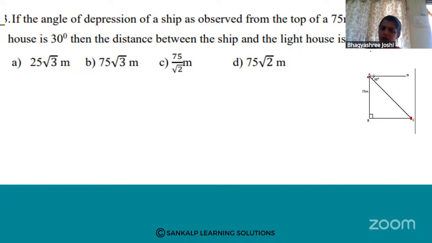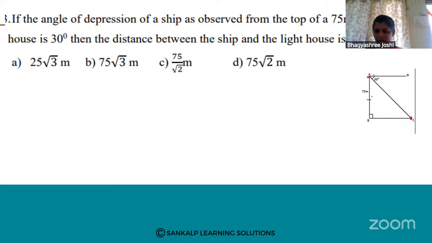The angle of depression of a ship as observed from the top of a 75-meter high lighthouse is 30 degrees. So angle of depression is 30 degree and height of the lighthouse is 75 meter.